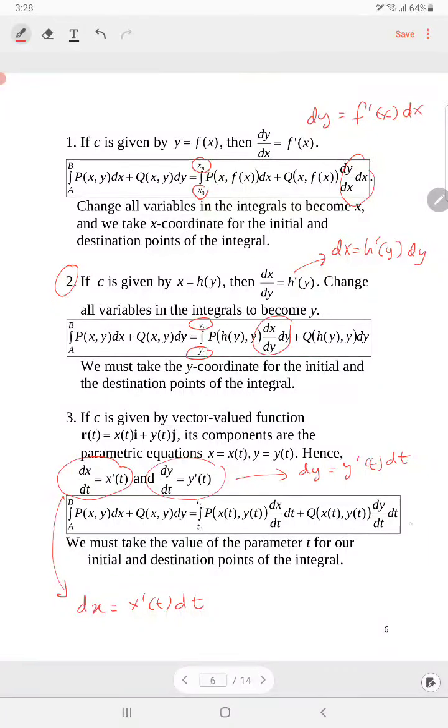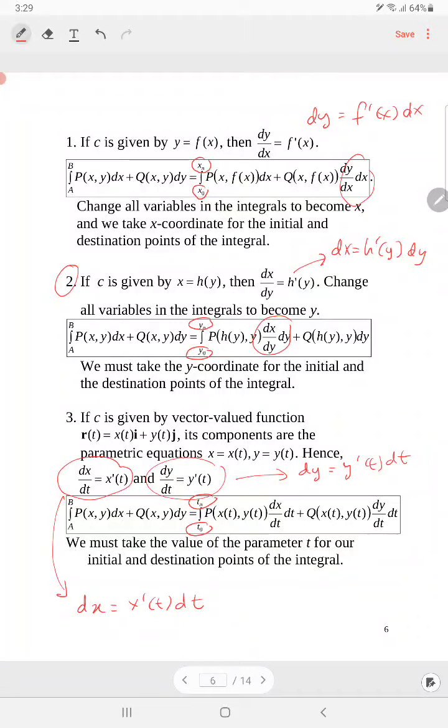Next you have to get the lower and upper limit for t. The lower limit would be the value of t at the initial point, in this case t naught, and the upper limit for t would be the value of t at the destination point, which is t_n, and then you integrate as usual.